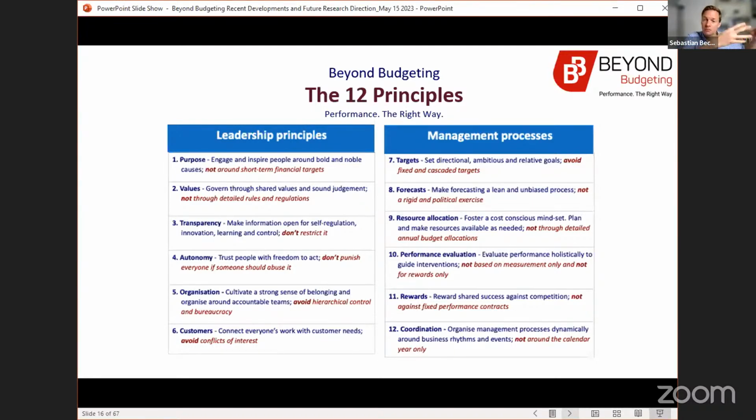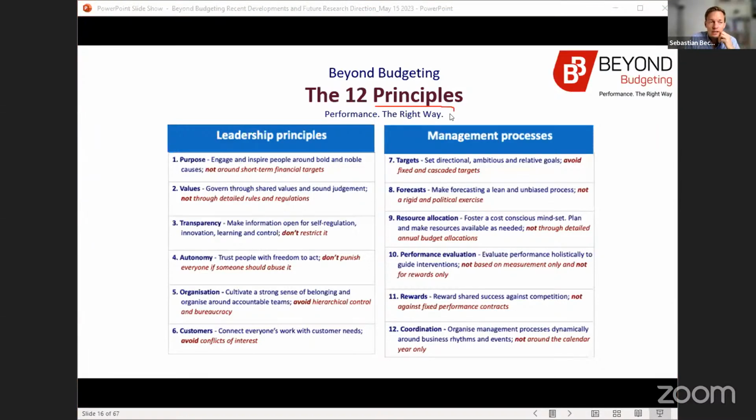So they visited other firms and looked at their practices. The result was that they came up with a set of 12 principles, which they said, okay, this is beyond budgeting. And what I want to mention is, these are principles, okay? It's not a rule, and it doesn't say you have to do this, right? So it's formulated as a principle.